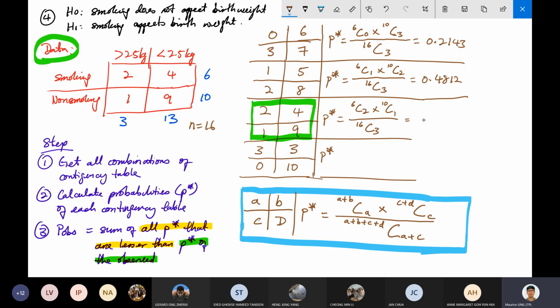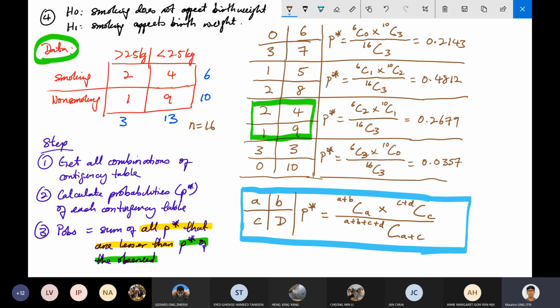This gives you 0.2679. Then 6C3 times 10C0, over 16C3. This gives you 0.0357.